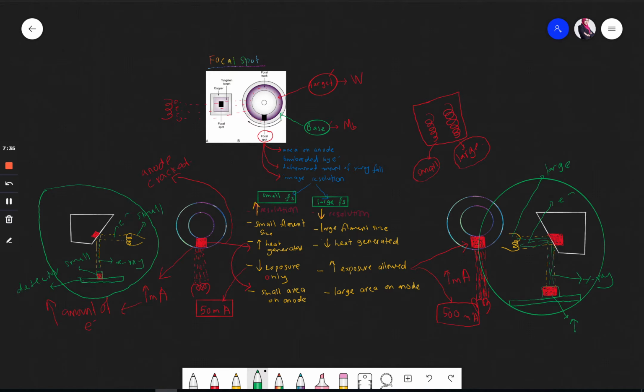Next, I will explain how we get this kind of resolution. Small focus spot and large focus spot. Small focus spot, high resolution. Large focus spot, low resolution.